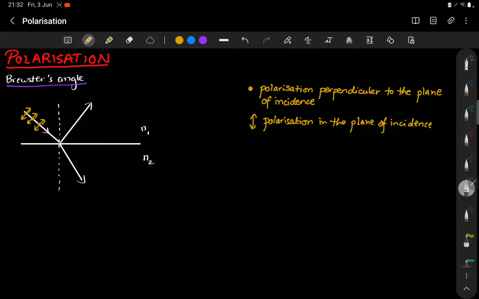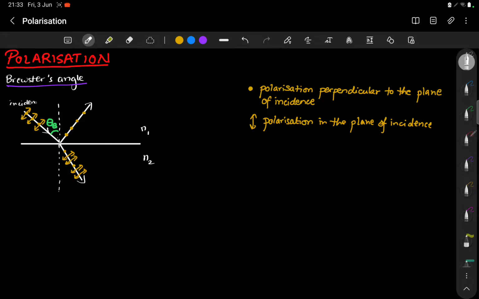Now if this reflection is at Brewster's angle, that is if this angle is the Brewster's angle, then what we have in the reflected beam is a completely polarized ray, which is perpendicular to the plane, and then the refracted ray will be partially polarized, like so.